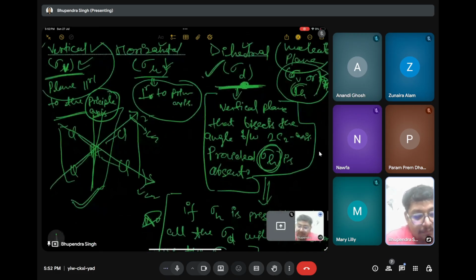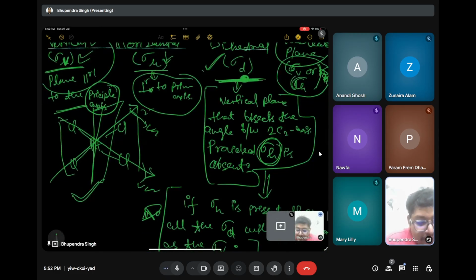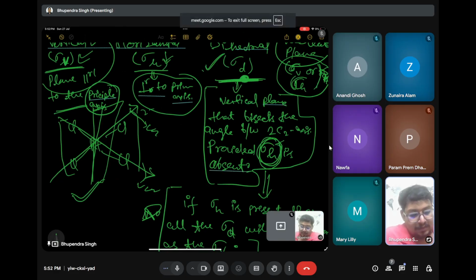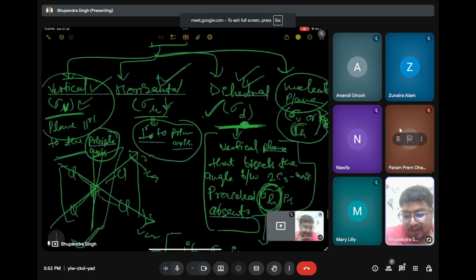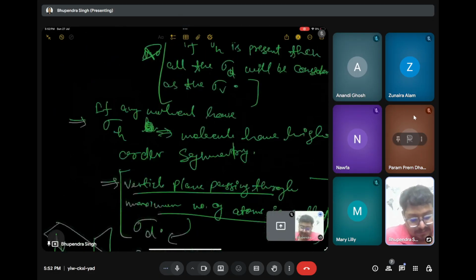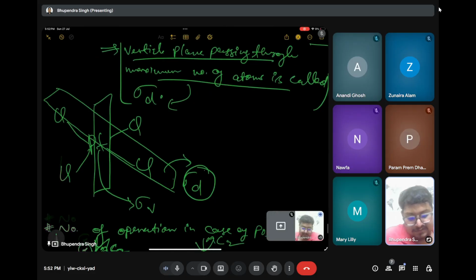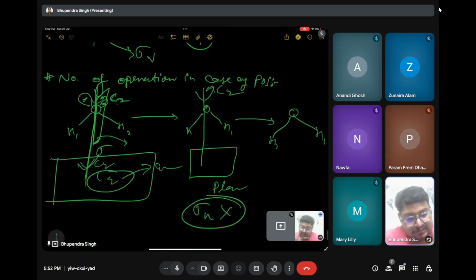We have said that sigma D is present only when sigma H is not present, so sigma H not being present is a good candidate for sigma D. So sigma V or sigma D. This plane is perpendicular to this and parallel to the C2 axis.